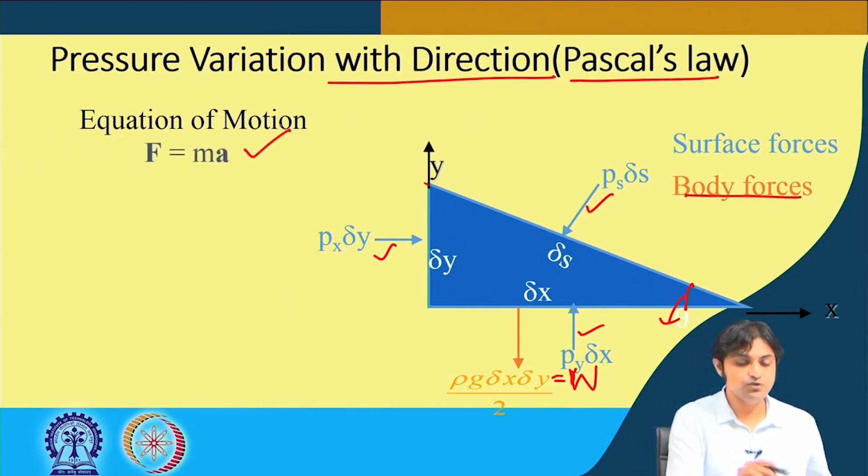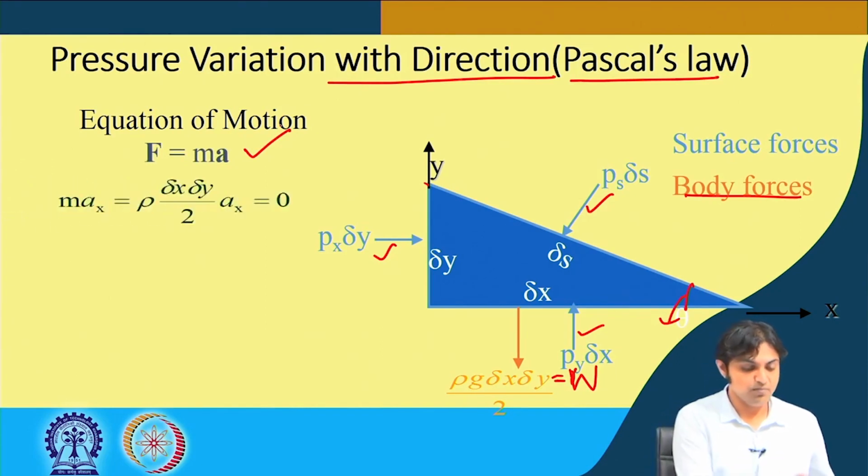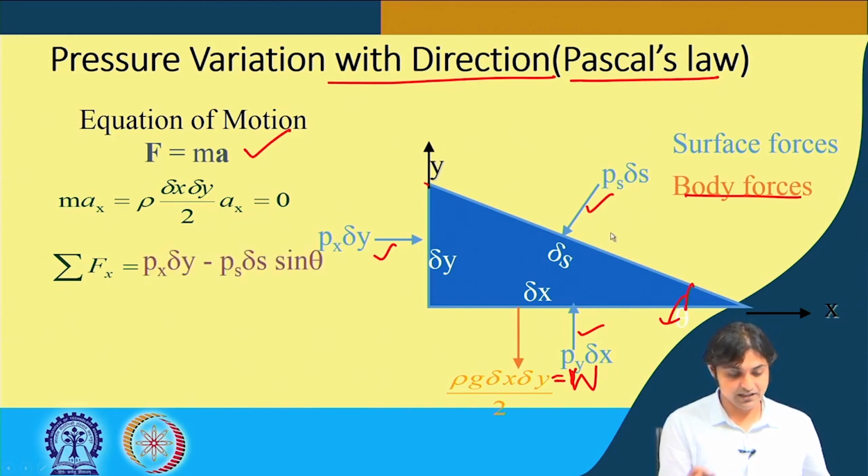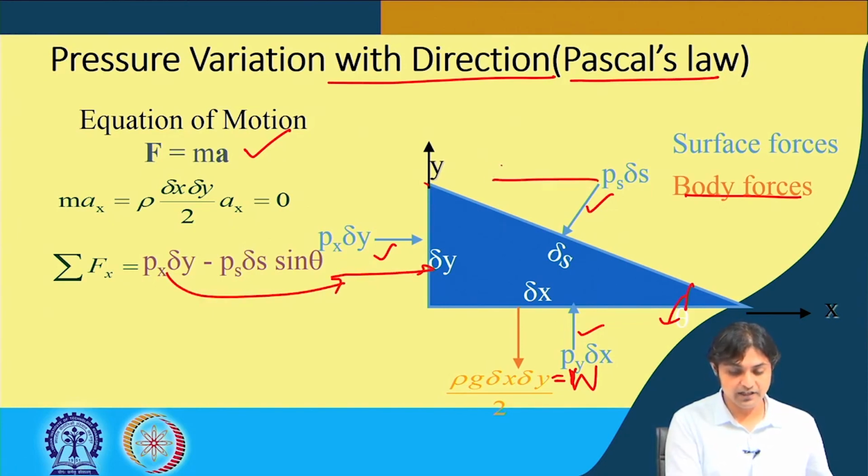Force is given by mass into acceleration. Therefore, mass into acceleration, mass is rho into volume. So, delta x delta y by 2 into 1, because we have assumed unit length, and ax, this should be equal to 0, right. And the summation of the forces on this body in the x direction is going to be Px delta y. There will be a component in this direction for Ps delta s, this will be given by Ps delta s sin theta. So, this is this component here.